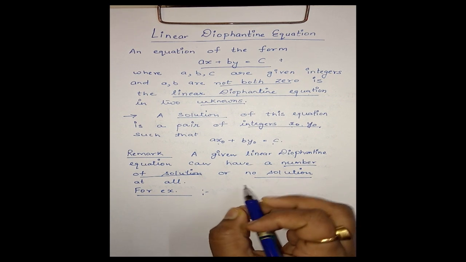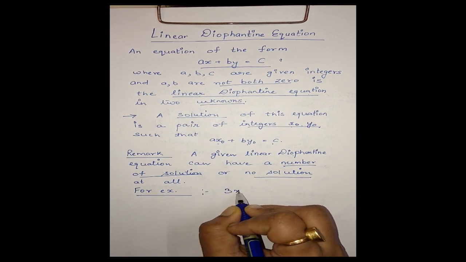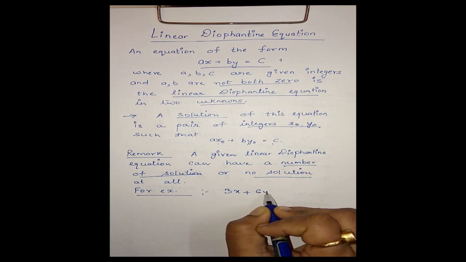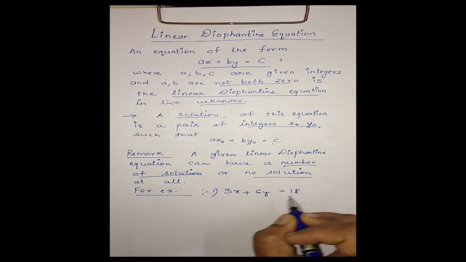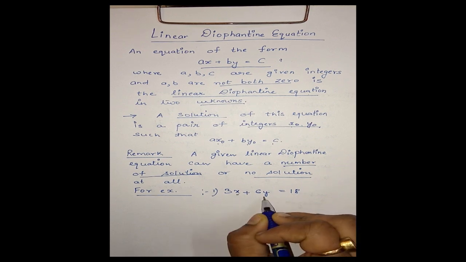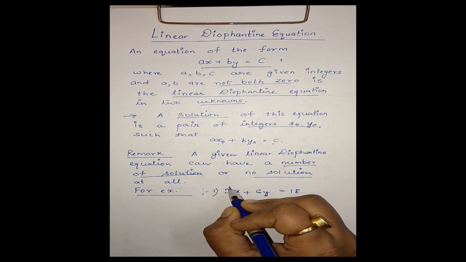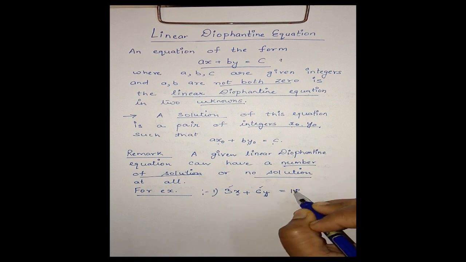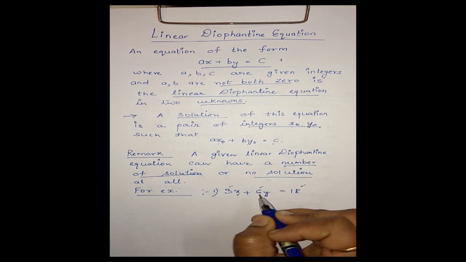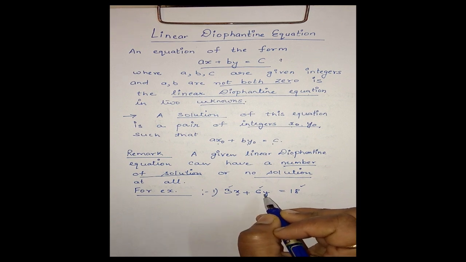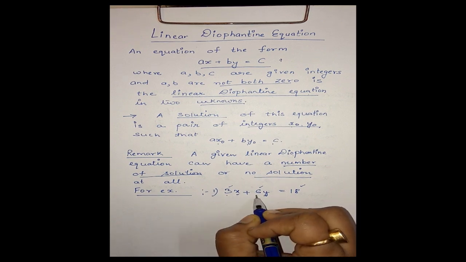For example, if I consider the linear Diophantine equation 3x plus 6y is equal to 18, then this is a linear Diophantine equation in two unknowns x and y, since here a is 3, b is 6 and c is 18, and a and b are not both 0. Here none of a and b is 0.